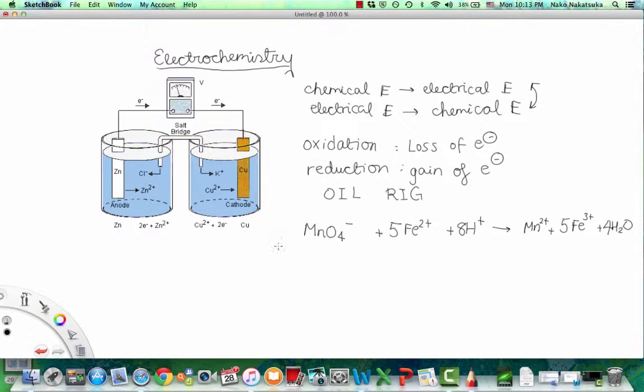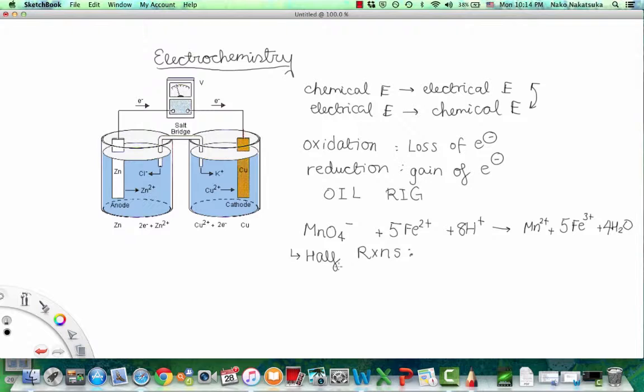So when looking at a reaction like this, we want to separate it into two separate half reactions. And this makes it easier to figure out which is the oxidation and which is the reduction. And don't worry, I have this diagram right here, but I will explain that in a moment.